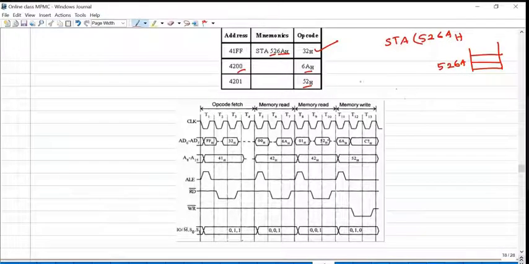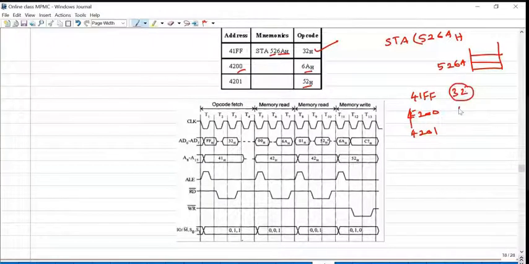So what is the starting address? 41FF. In this program, they have taken 41FF as the starting address. So 4200 and 4201. So 32 is the opcode. This is address information.